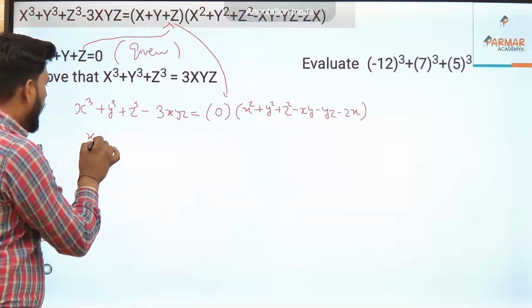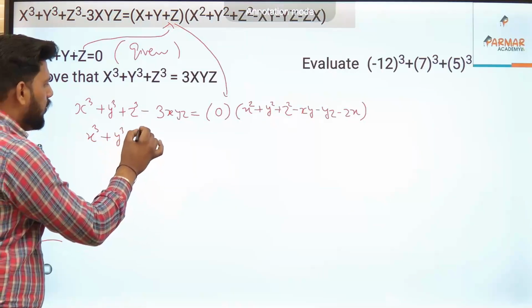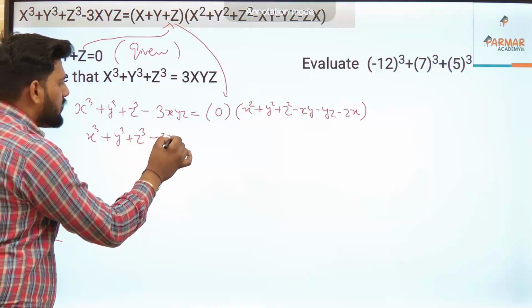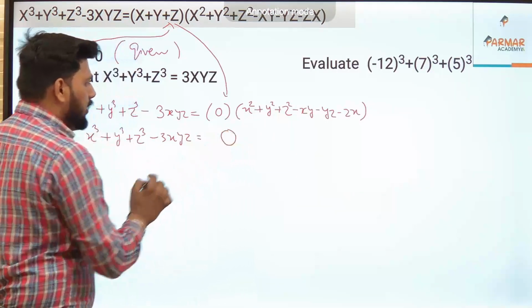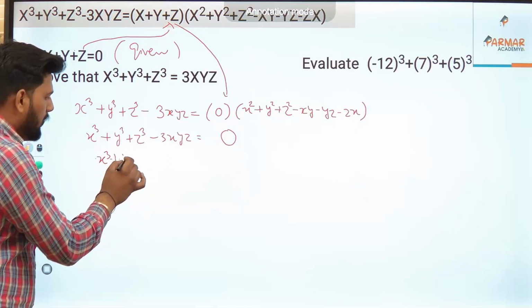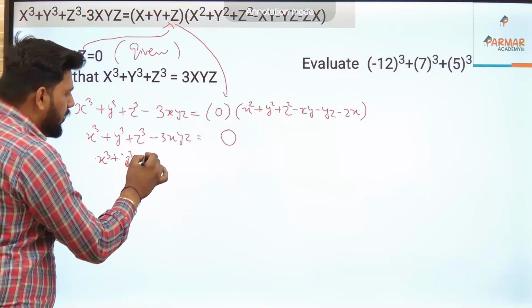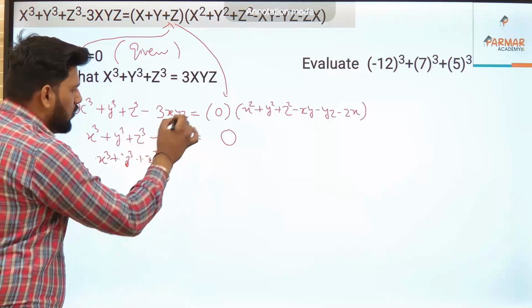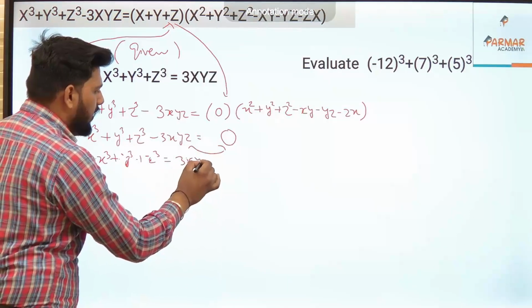Now you know that whenever something is multiplied by 0, the answer is always 0. So the right hand side is 0. Now the last step is x cube plus y cube plus z cube is equal to, this term we write positive as 3xyz.